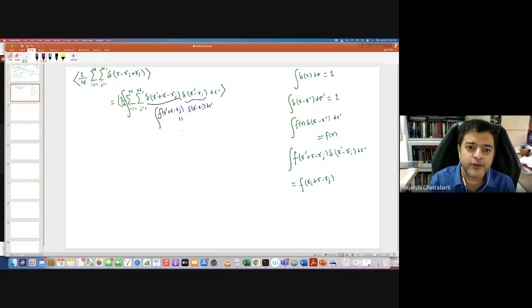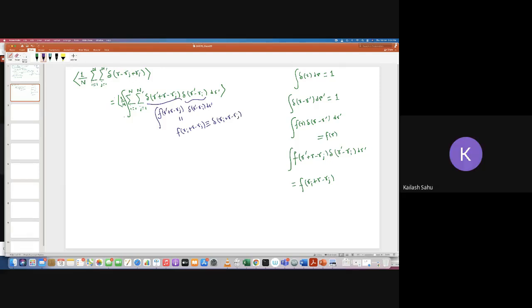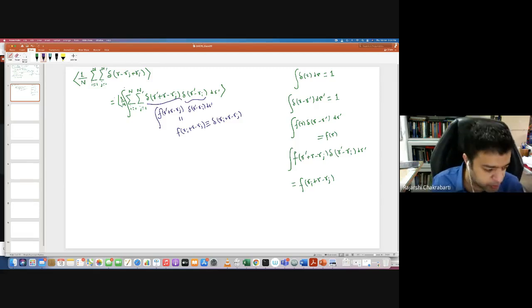So this should be equal to f of ri plus r minus rj, because f is a delta function. And this is exactly what you had here, isn't it? So basically, I just used a trick.